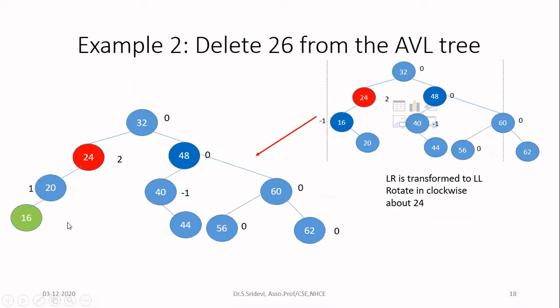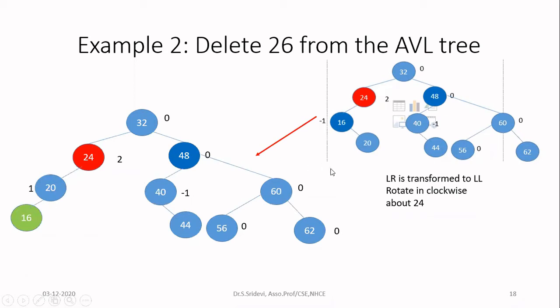After that, what we have done, we are supposed to do 2 rotations. But we have done so far only 1 rotation. So after this rotation is over, you have transformed LR into LL imbalance. What is LL imbalance? With respect to this 24, you can see the first link is in the left, second link is also in the left. Okay, so it is LL imbalance.